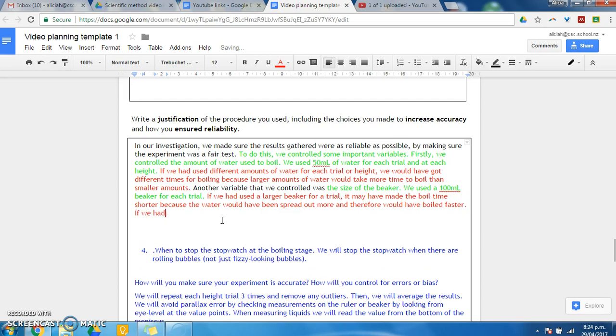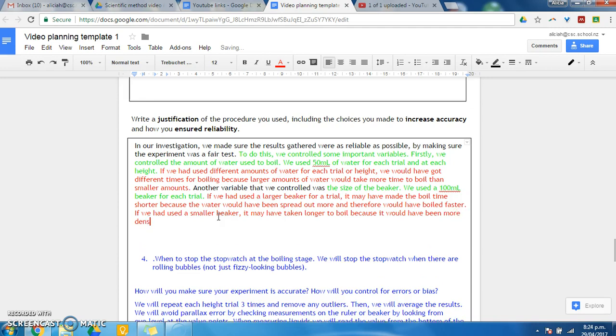If we had used a smaller beaker, it may have... to black because we're just going to introduce an X point finally.